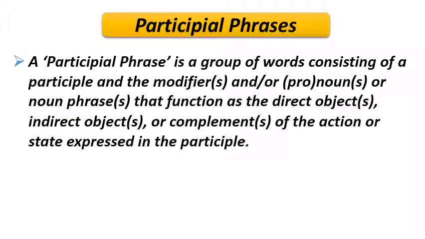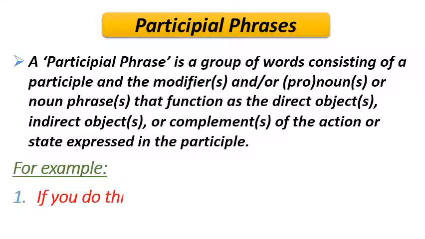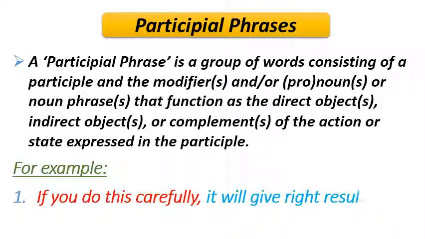So here we have to change the sentence into a participial phrase. So let us see an example for that. If you do this carefully, comma, it will give the right result. So here we have the condition, if you do this carefully.